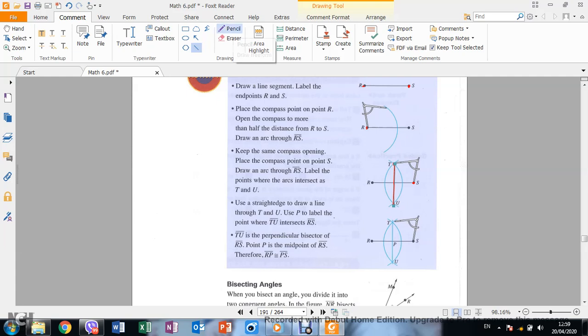The point where it intersects the line segment, we name P. This point P is the midpoint. So we know RP is congruent to PS. I already did this video for them.